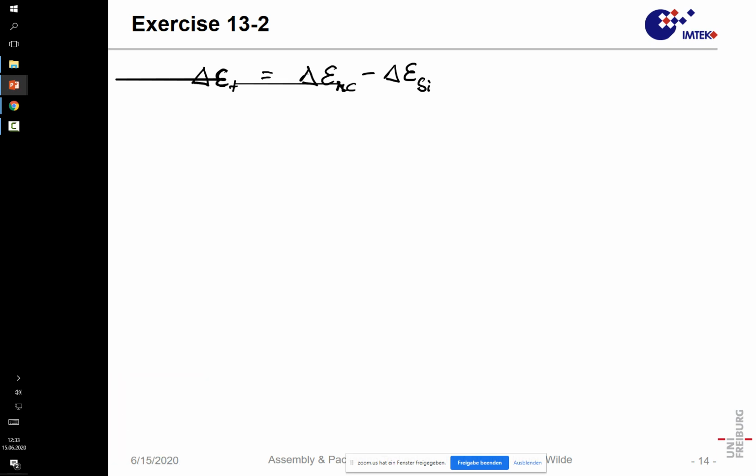And of course, we can still show the details of that because we know those properties. So that is the delta T times the alpha of the molding compound minus the alpha of the silicon.